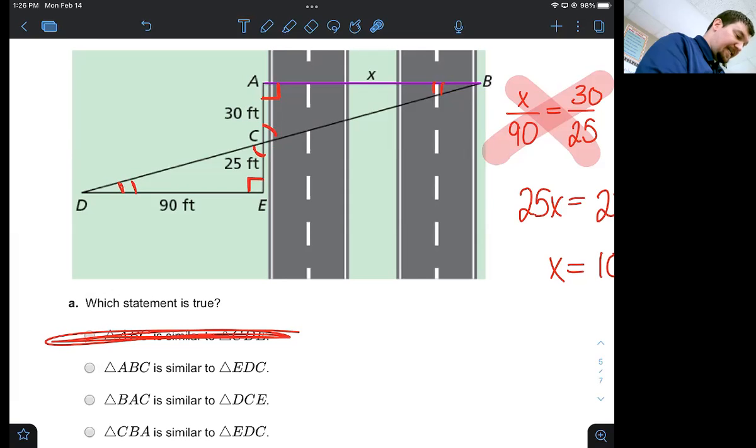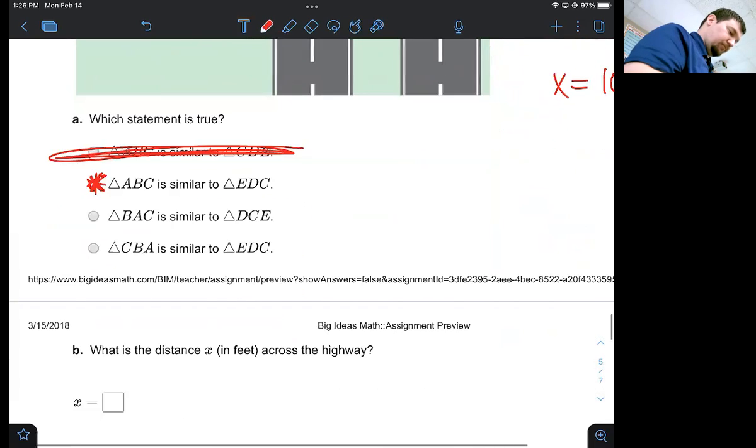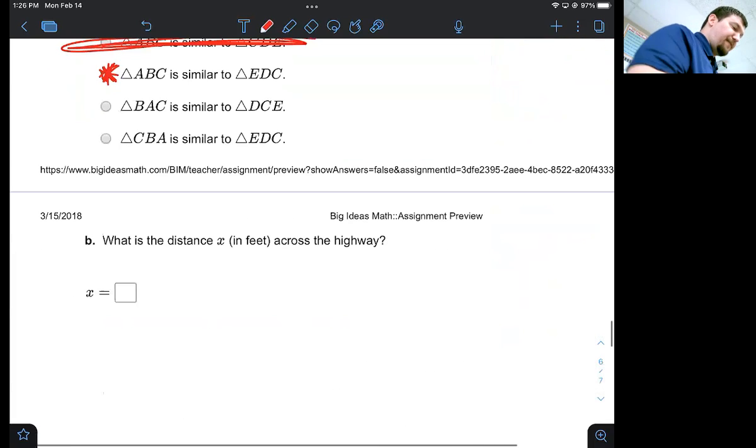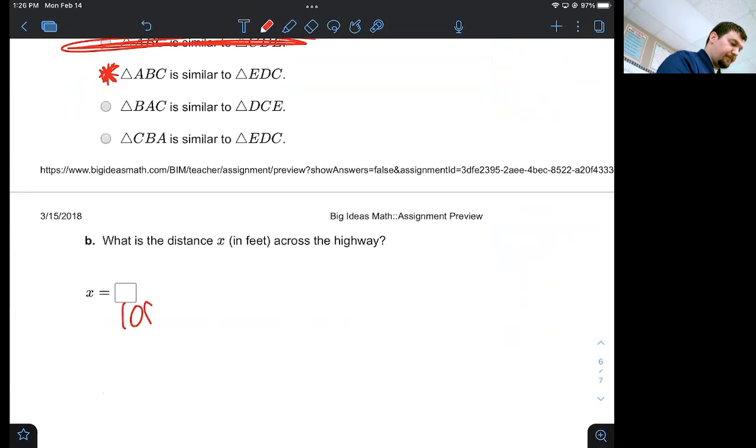But EDC goes from the right angle. Oh, no, that's what we wanted, to the 2-tick, right? Yeah, I kept thinking it was going to go up to C. I keep looking at the one down here. Yeah, that one's right then. There we go. That one's right, because it's going to match up those corresponding angles. And then we have found it was 108 feet.